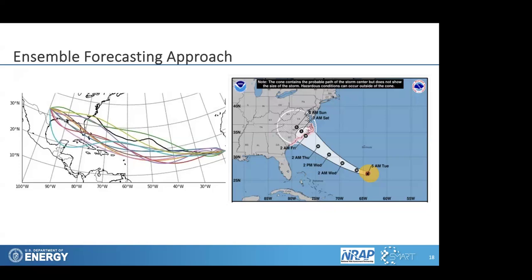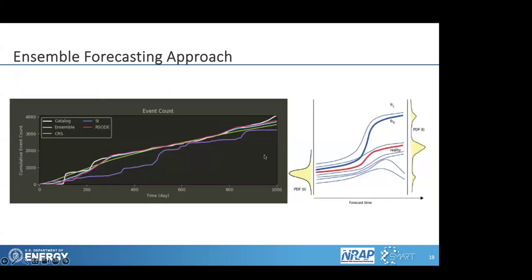And we are aggregating those into an ensemble forecast, which is very similar to the way that, say, hurricane track forecasting works. And one of the key features of this is that it also allows us to address the uncertainty, both in the input parameter space and the uncertainty with respect to the model outputs.